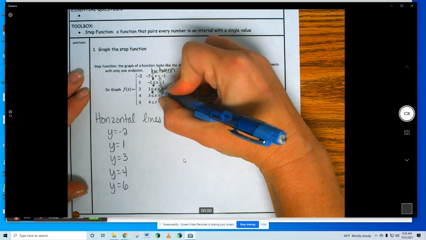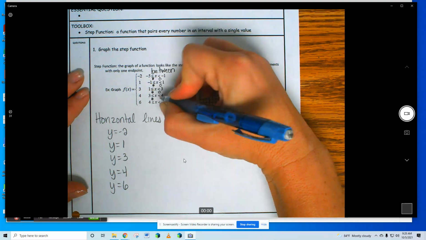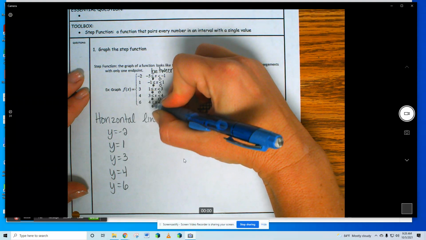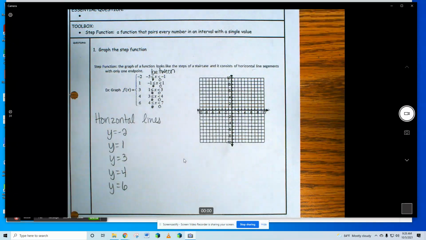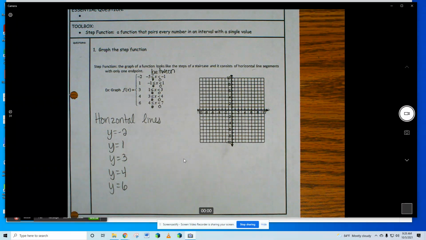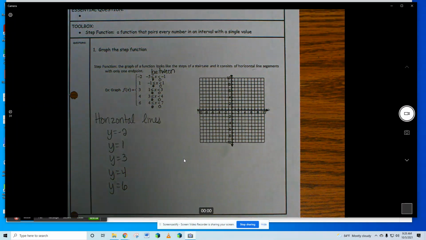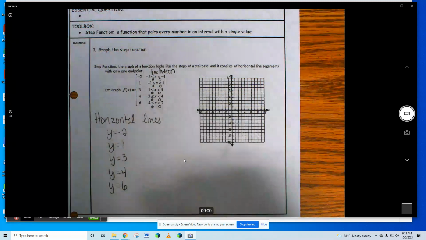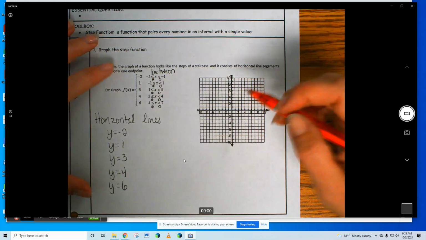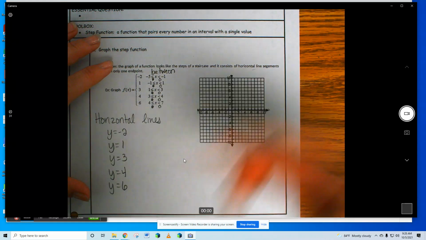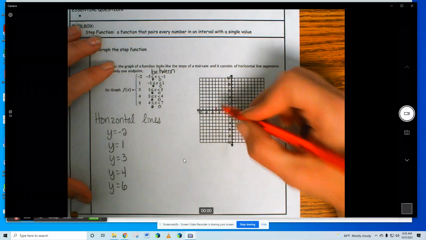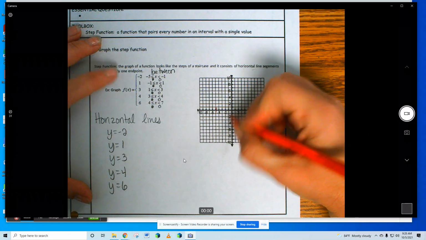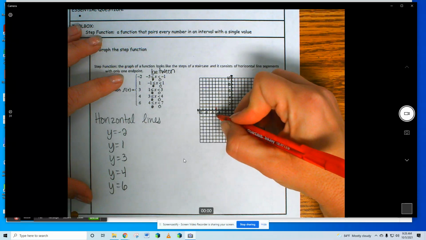Closed, open. Closed, open. So that's what my steps are going to look like. I need to begin at -2. At -2, it's in between -5 and -1. So I'm going to go to -5 on my graph, and I'm going to go to y equals -2. It's going to be right there.